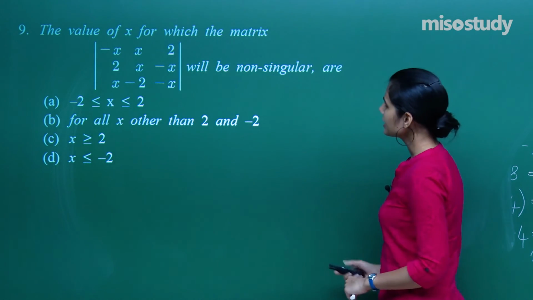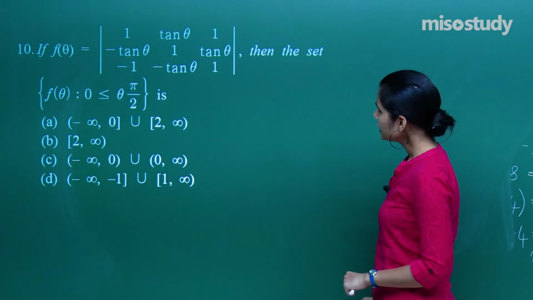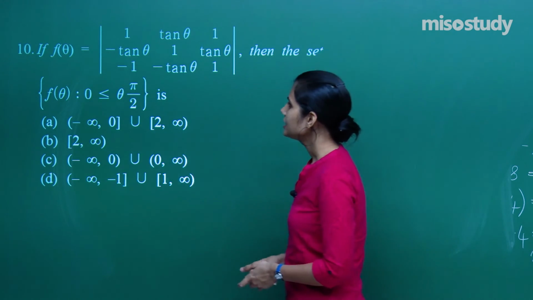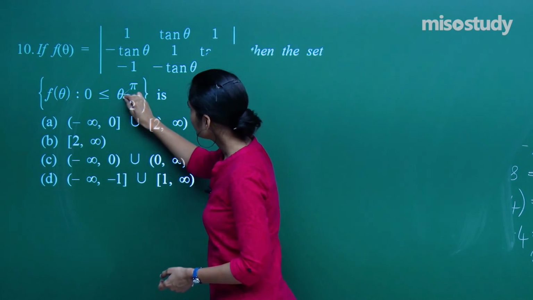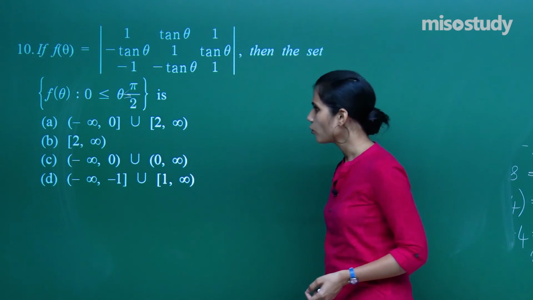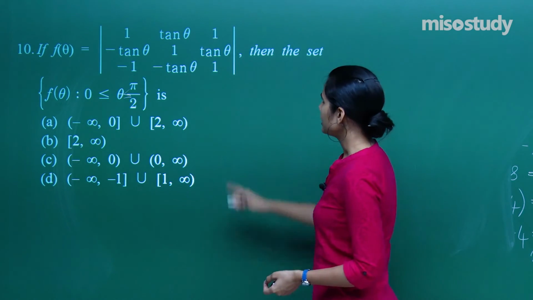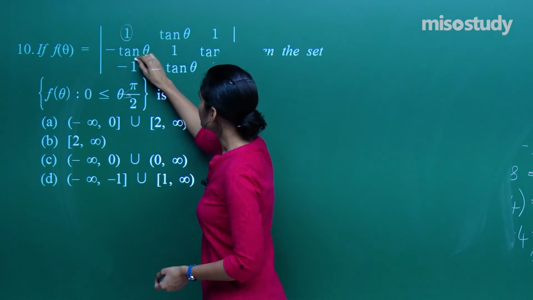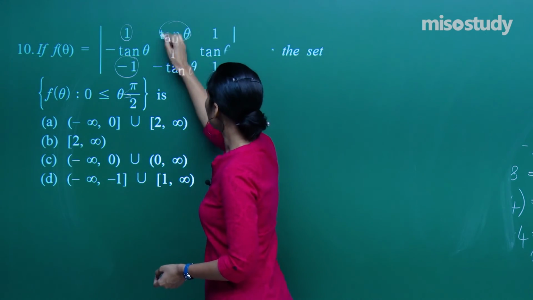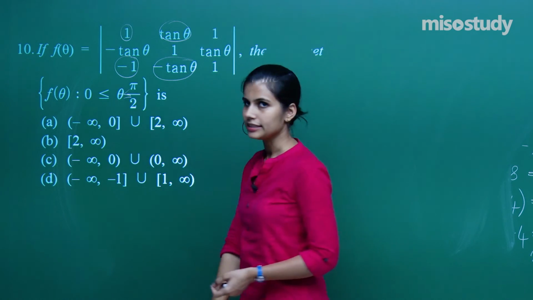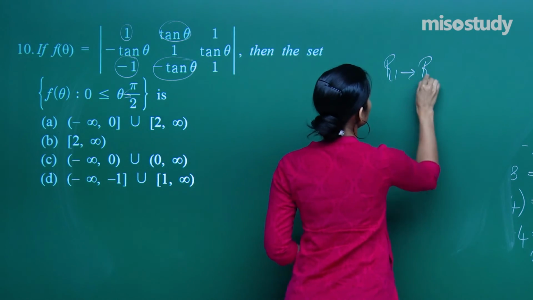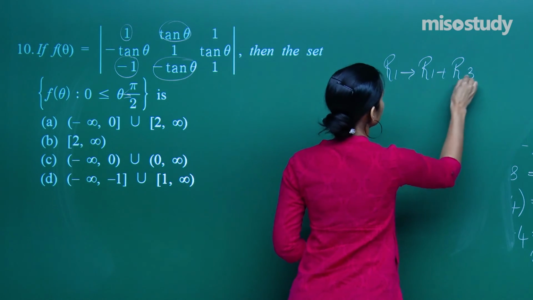The next question says, if f of theta is this in the form of determinant, then the set f of theta where theta is greater than or equal to 0 and less than or equal to pi by 2 is which set? Okay, so over here if you can see, very easily we can identify here is 1, here is minus 1, here is tan theta, here is minus tan theta. So I can very directly say that row 1 goes to row 1 plus row 3.